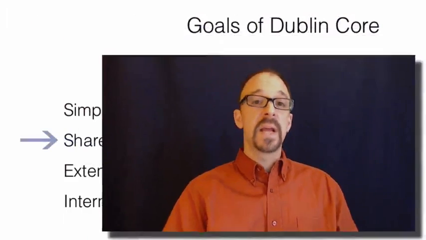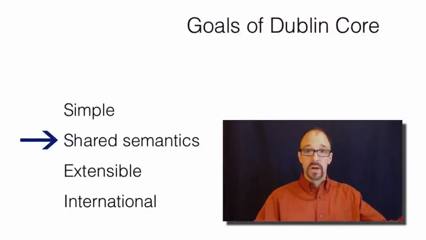The risk of that, of course, is that you lose specificity, right? An author is not the same thing as a filmmaker, is not the same thing as a painter, etc., right? But what Dublin Core gains is usability, because it doesn't matter what kind of creation you're engaging in, what kind of resource you're creating, everyone's just called creator. One term. Easy.